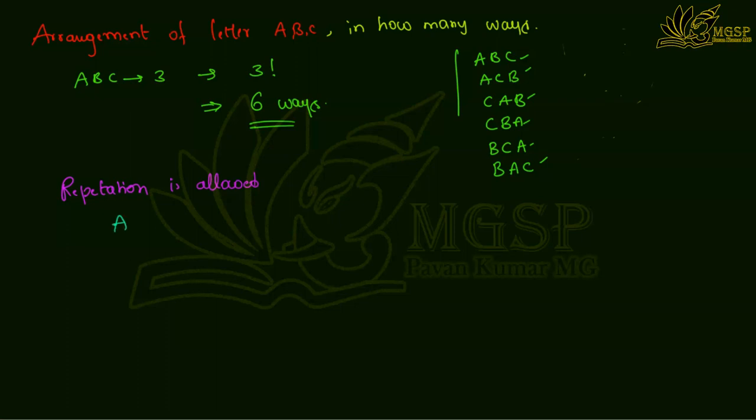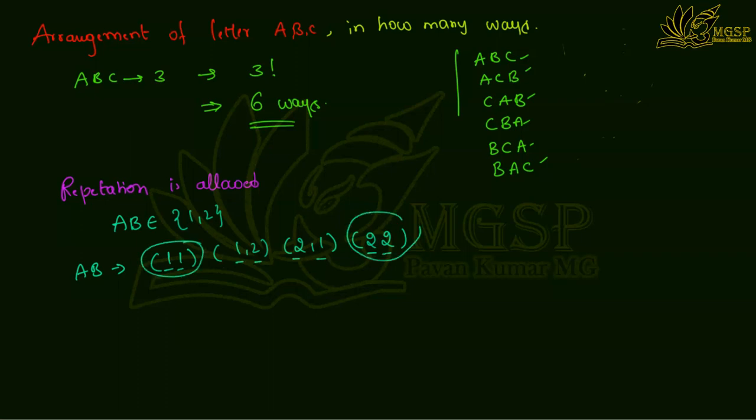Suppose A, B belong to {1, 2}. Then AB can be arranged as (1,1), (1,2), (2,1), (2,2). Here you can see there is a repetition of terms in the same sequence. See, (2,2) is present, (1,1) is present. So these two are the repetition terms.